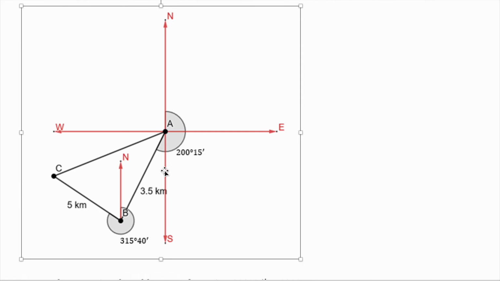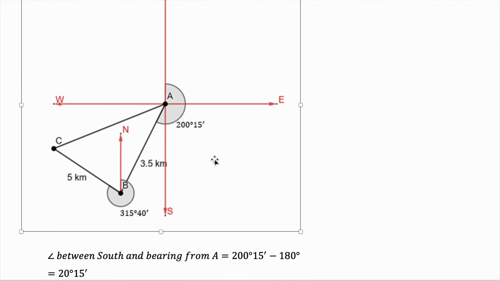In this picture, there are a couple of things that you need to know. This semicircle should be 180 degrees, but it is a little bit more than that. If you want to know this little piece, all you have to do is take away 180 from this angle. So 200 degrees 15 minutes minus 180 is roughly 20 degrees 15 minutes.